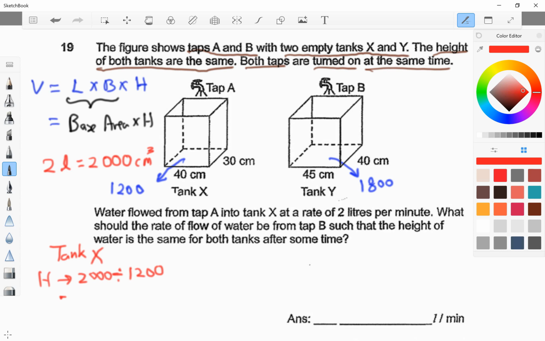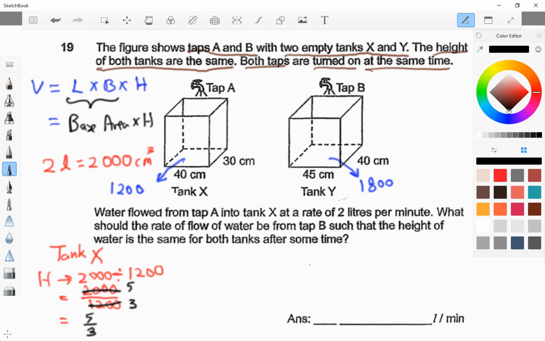In simplest form, I can divide 2000 by 400 and I can also divide 1200 by 400. So I will have 5 out of 3, because 1200 divided by 400 gives 3 and 2000 divided by 400 gives 5. So it's 5 over 3. That is the height every single minute, the height of water in tank X.